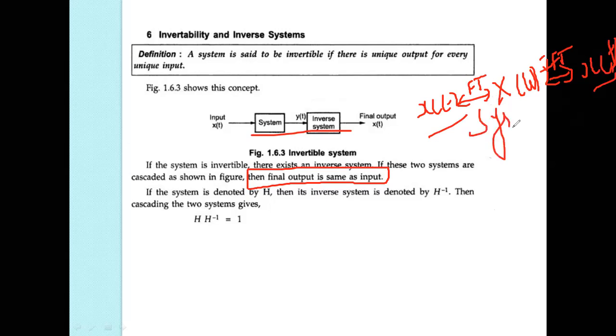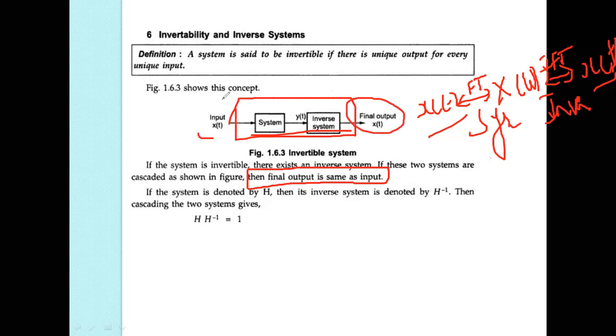Here the system I am using, and here the inverse system. So if the system is invertible, there exists an inverse system. If these two systems are cascaded, the final output is the same as the input.